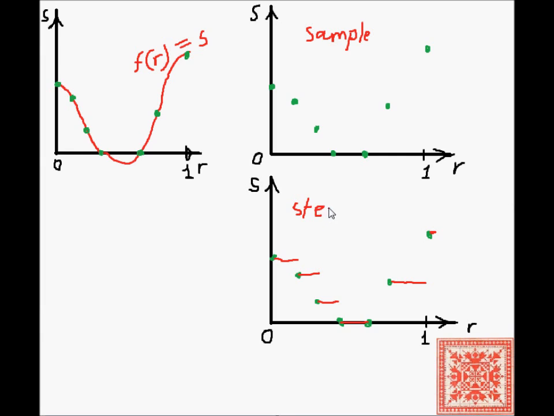And the step function is designed to approximate the original function f of r equals s, or the signal represented by that function, rather. That would be more precise. And it is denoted by f tilde.